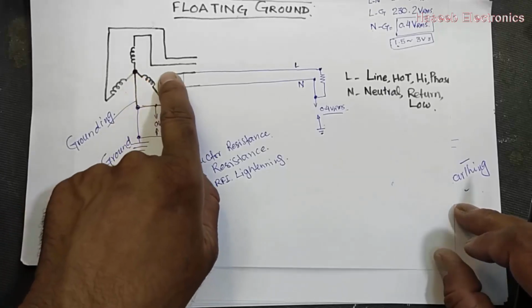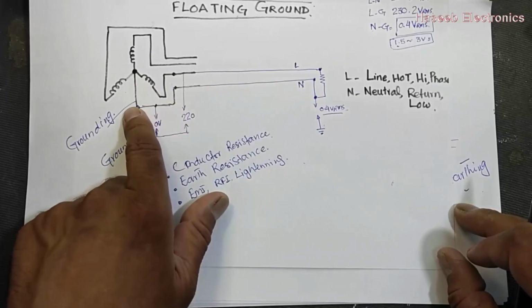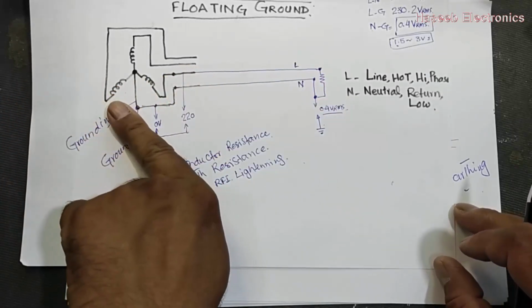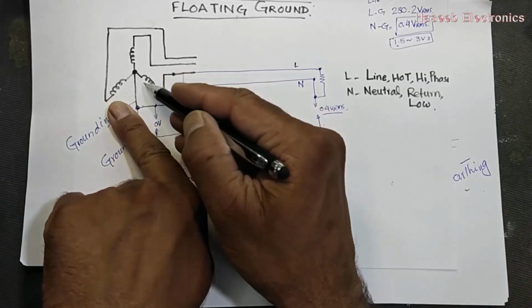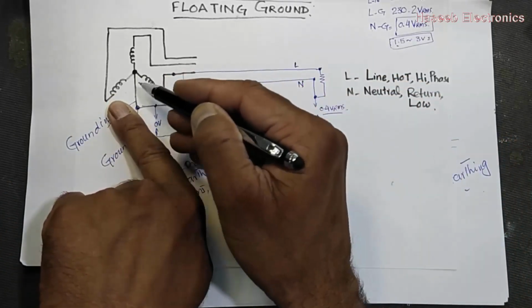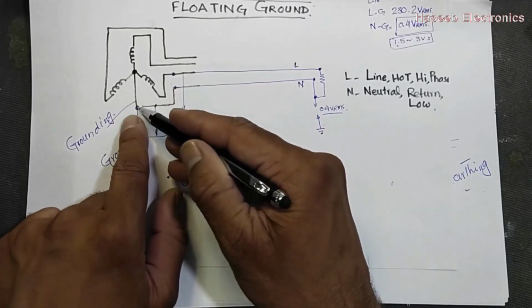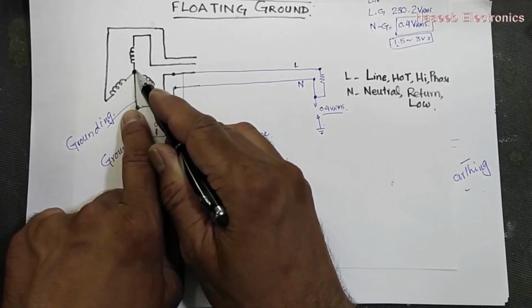Either it is the high line and the return line, but it is a circuit. If we forget this ground, it is a current path. So we are grounding this end. So it is the neutral line, that is the dead point of the 3 coils.